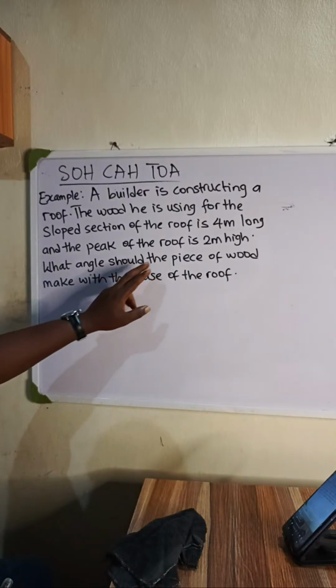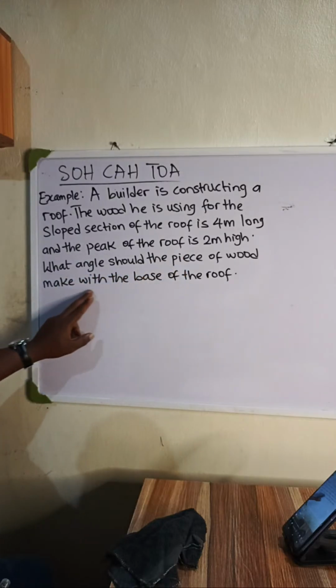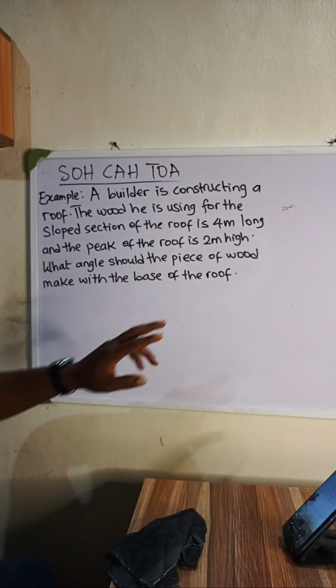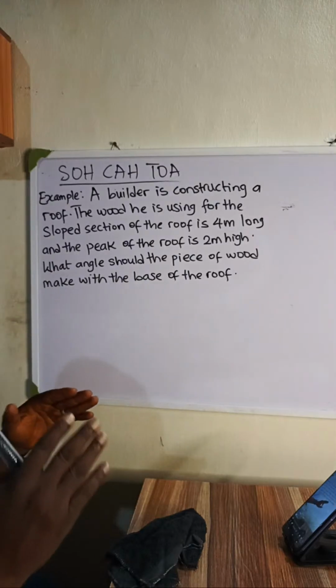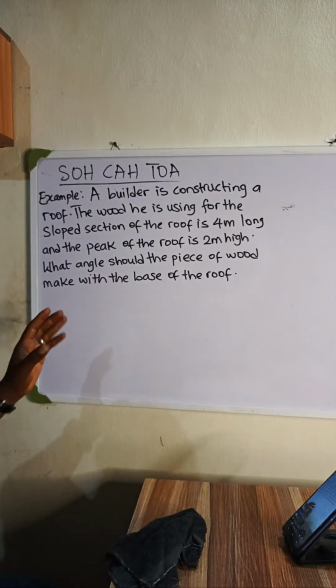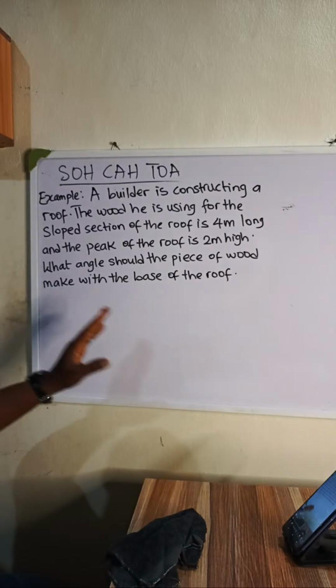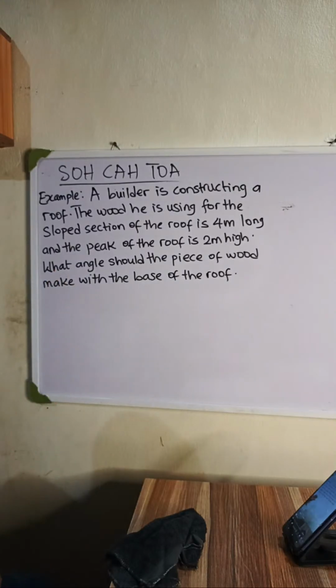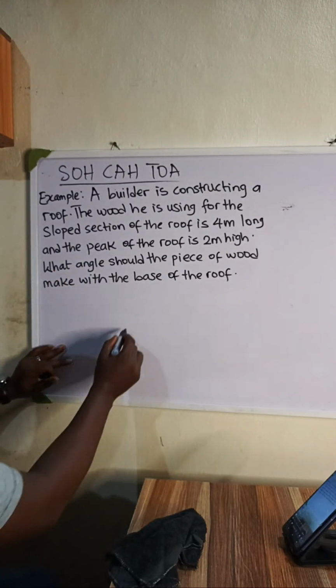What angle should the piece of wood make with the base of the roof? They're asking us what angle the piece of wood should make with the base of the roof. So now let's draw this building.